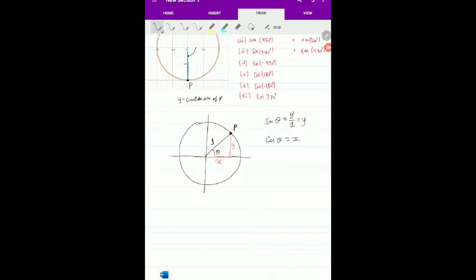So the x-coordinate of P is always cosine of the angle that it represents, and the y-coordinate is always the sine, and this is what's so powerful about the unit circle.